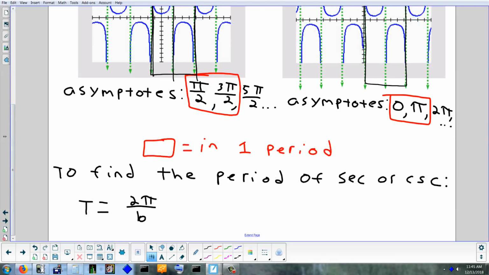It's 2 pi over b. So sine, cosine, secant, cosecant all use the formula 2 pi over b. Tangent, cotangent, pi over b. It's not hard. You just got to remember which one is which.